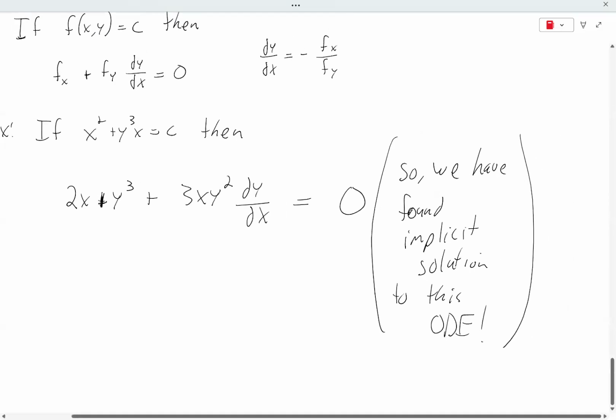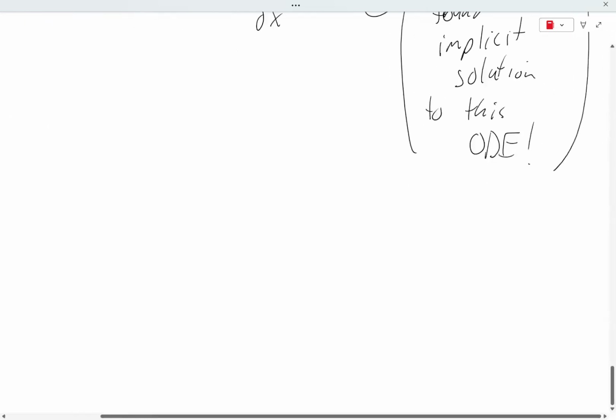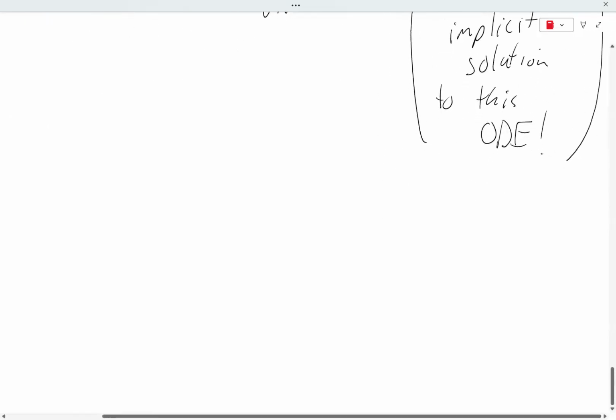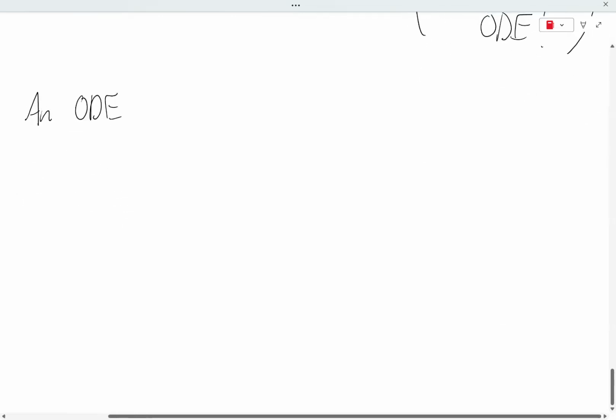Now a few sentences with this. I've got to write a little bit here. So an ODE, or a differential equation, is where I'm going to start the part on exact equations.